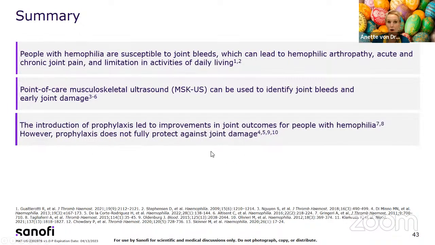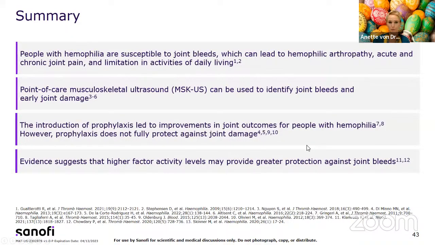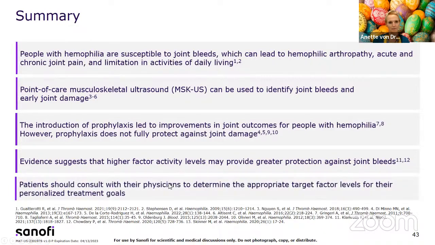The introduction of prophylaxis led to improvements in joint outcomes for people with hemophilia. However, current prophylaxis does not fully protect against joint damage. So, work to do. And here, evidence suggests that higher factor activity levels may provide greater protection against joint bleeds. And the question is how to get to higher factor activity levels.